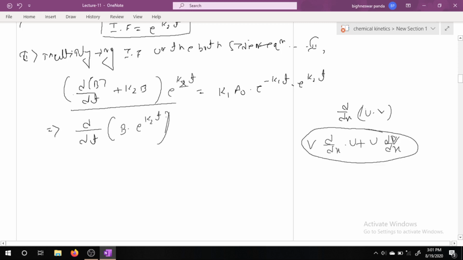Check it. So dB by dt into e to the power k2t, where e to the power k2t is a constant, by putting B constant, and d by dt of e to the power k2t.